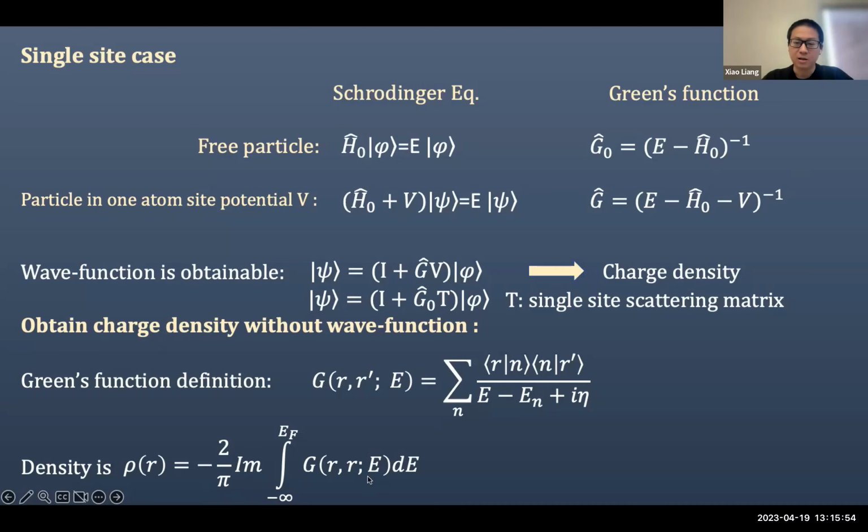Therefore, once we obtain the Green's function, the charge density can be solved without knowing the wave function. As the effective potential in the single particle Schrodinger equation only requires the charge density, we can solve the charge density using the Green's function without solving the wave function.